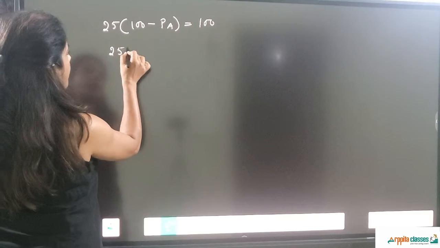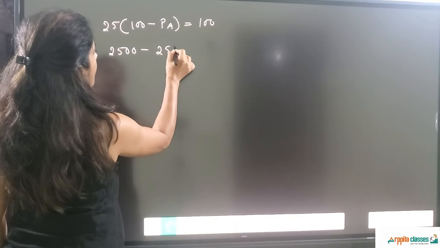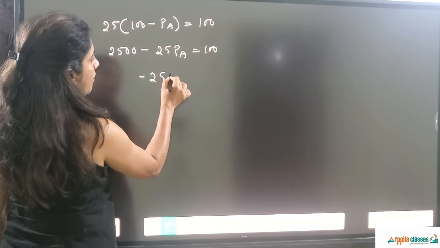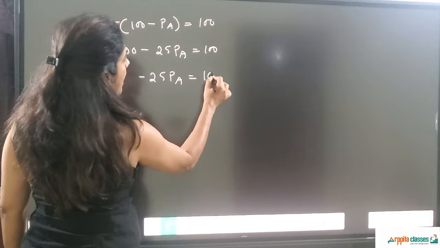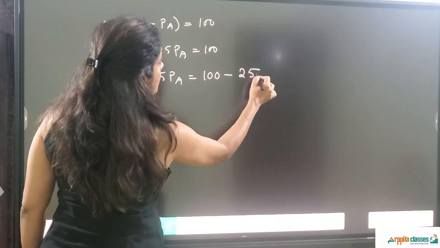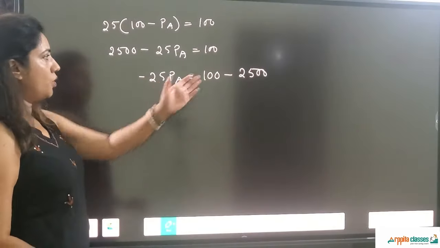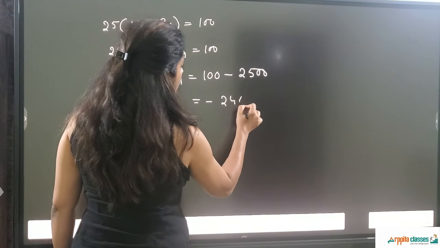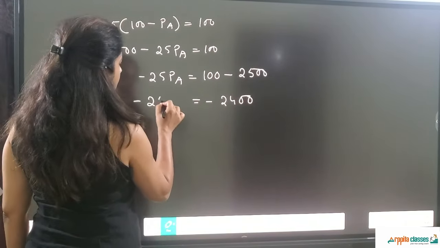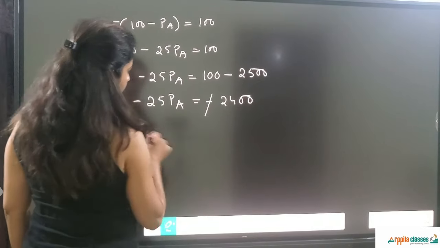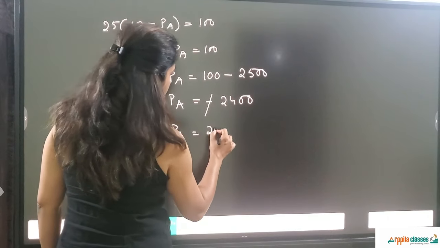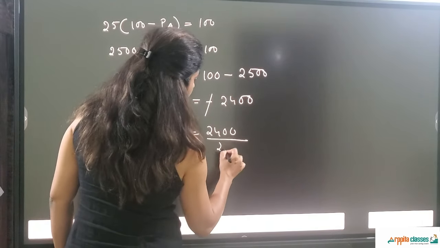So it is 2500 minus 25 Pa is equal to 100. So minus 25 Pa would be 100 minus 2500. I rearranged, I got 2500 that side. So it is minus 2400, minus 25 Pa is equal to, where minus and minus get cancelled. So Pa would be equal to 2400 divided by 25.